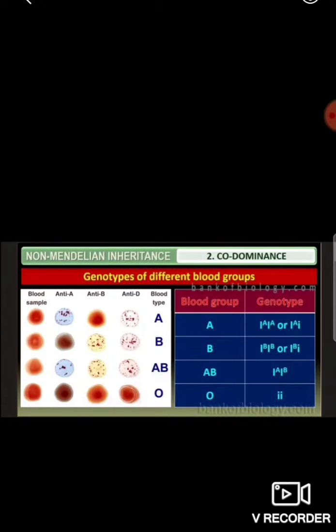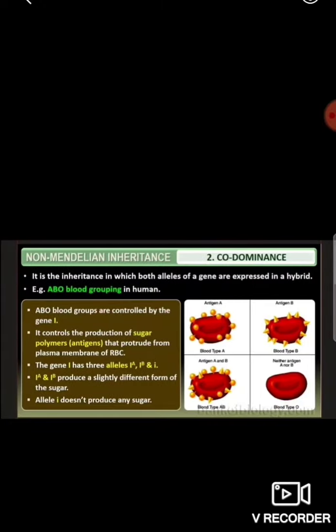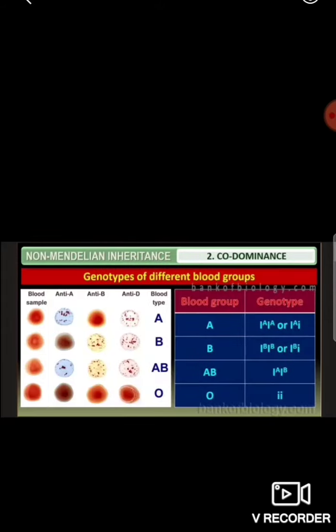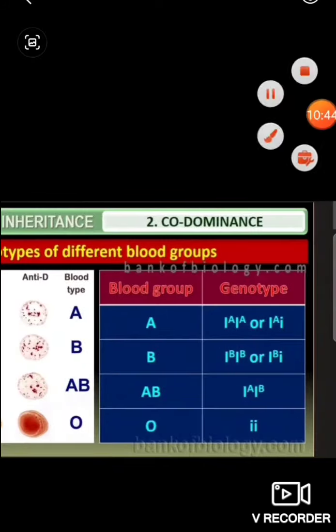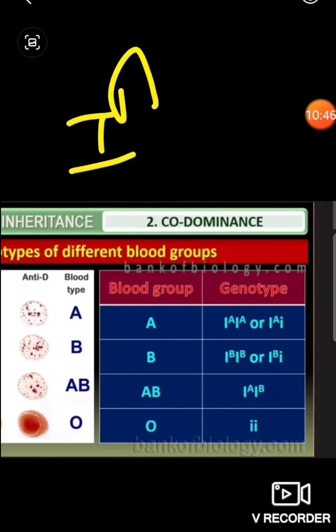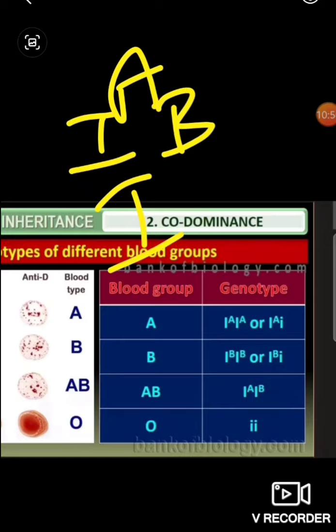So you don't have to worry about the sentences. IA and IB produce different kinds of sugar, and small i does not produce any sugar. So here IA is a dominant allele, IB is also a dominant allele.